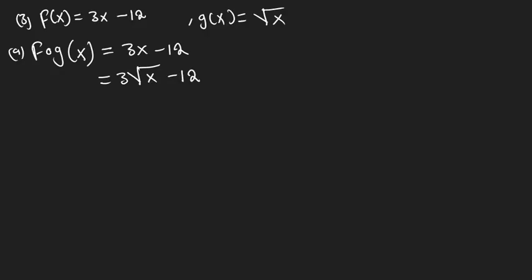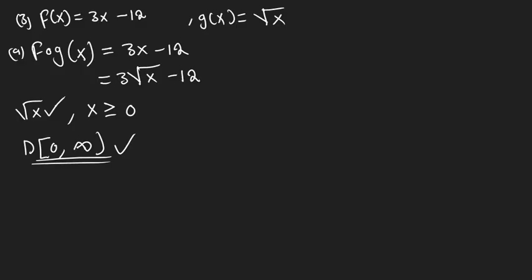So to find my domain, I'm going to consider root of x, and I just pick my x and say x must be greater than or equal to 0. Hence my domain is going to be the set from 0 all the way to positive infinity.